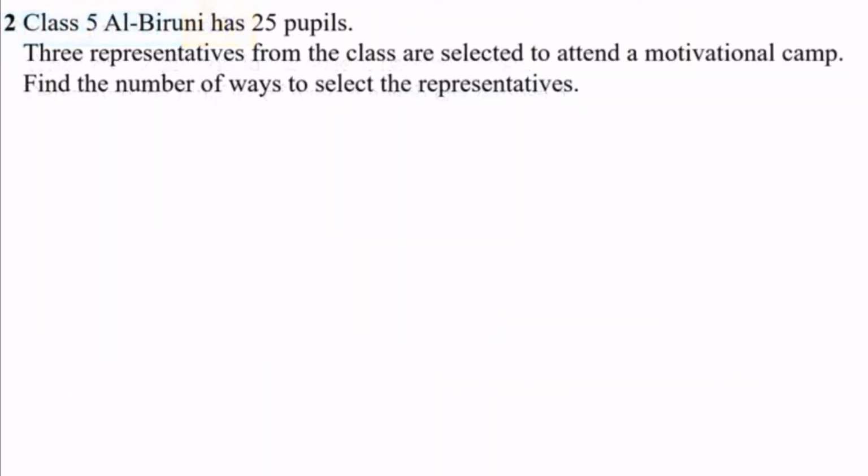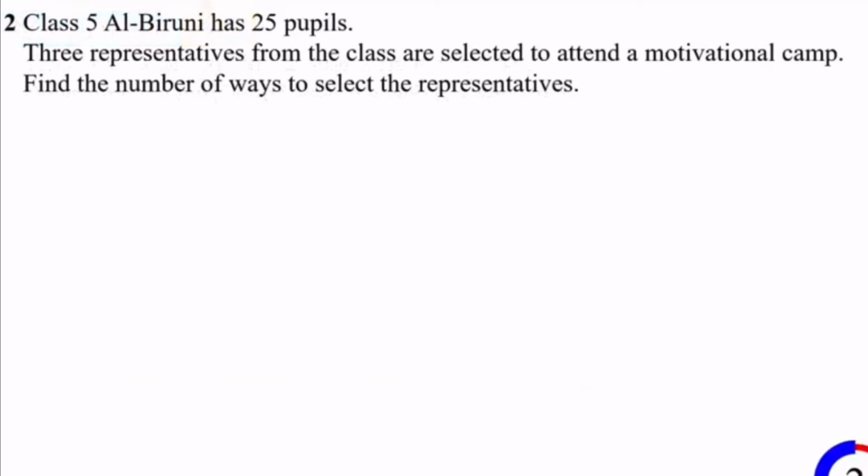See question 2. Class 5 Al Biruni has 25 pupils. 3 representatives from the class are selected to attend a motivational camp. Find the number of ways to select the representatives.